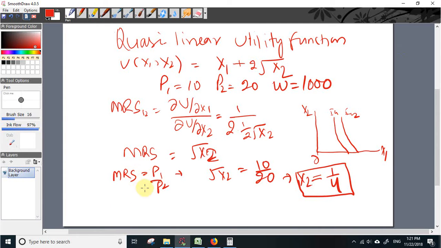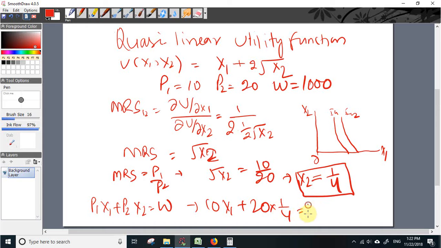Now, using the budget constraint, P1 x1 plus P2 x2 equals total wealth. This is 10 x1 plus 20 times x2, which is now 1 over 4, equals 1000.